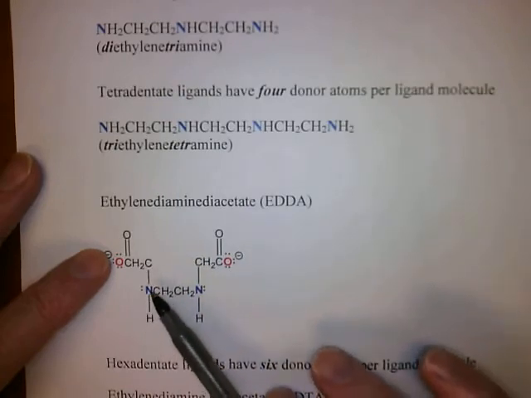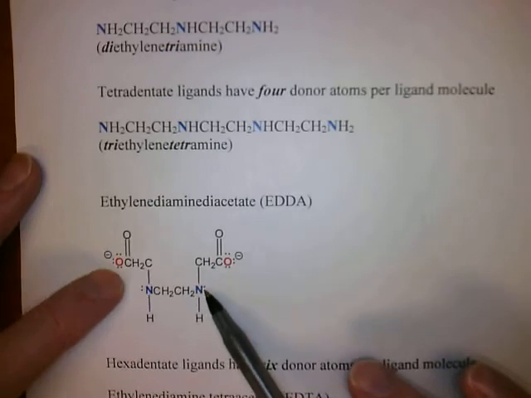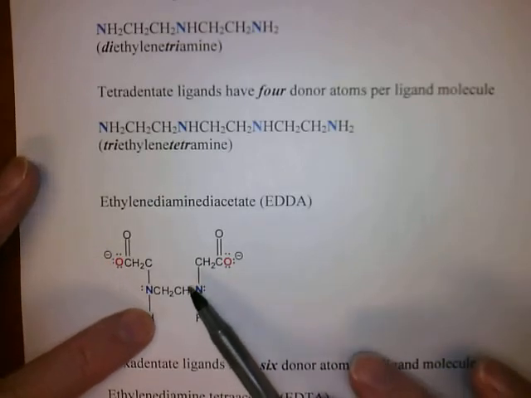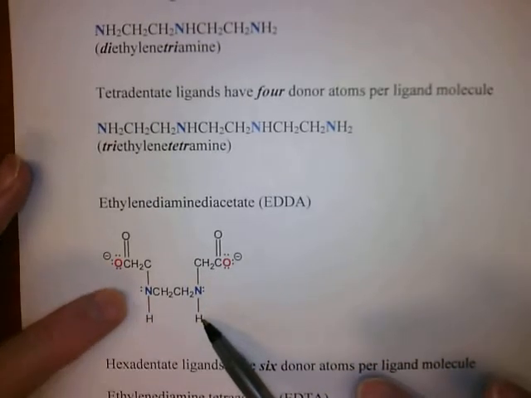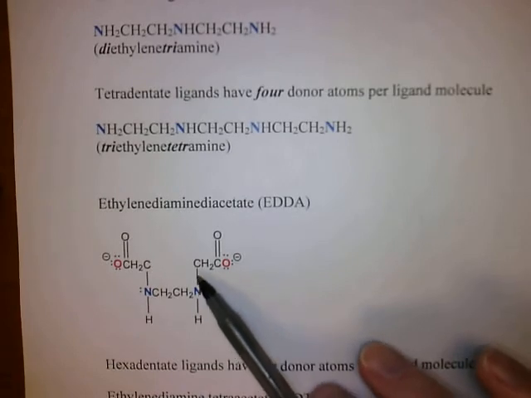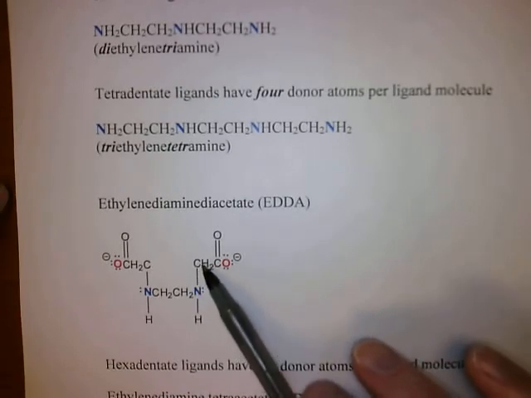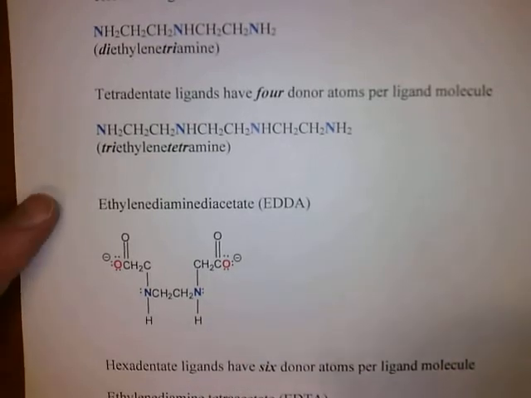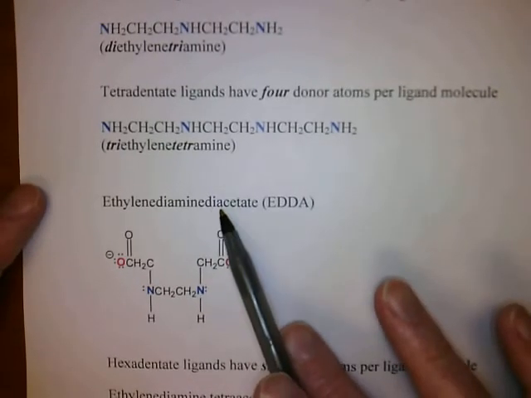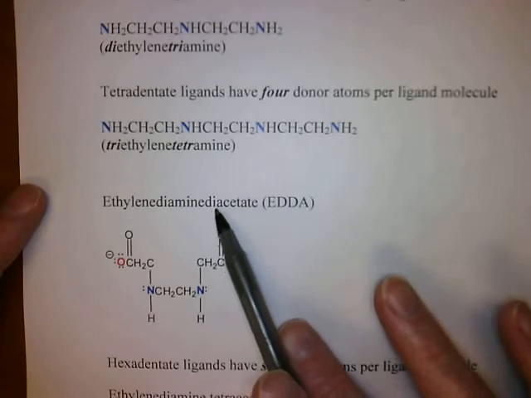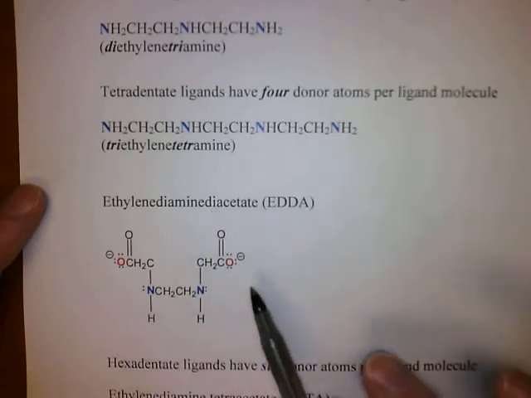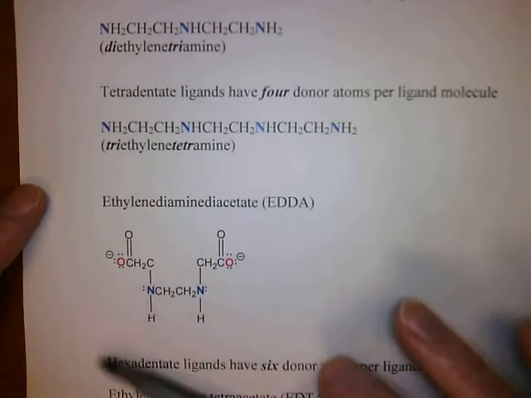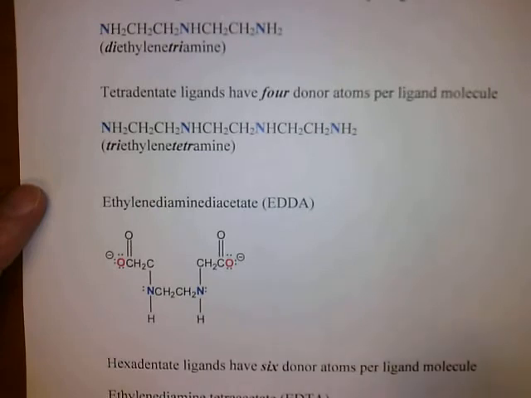So that NH, NCCH, that's our ethylene. We would have NH2. Here we have one H. We've taken off the other H and added this acetate group, CH2, COO minus. Okay, so that would be ethylene diamine diacetate, right? Diacetate meaning that we have 2 acetate groups, right? And this has 4 donor atoms.